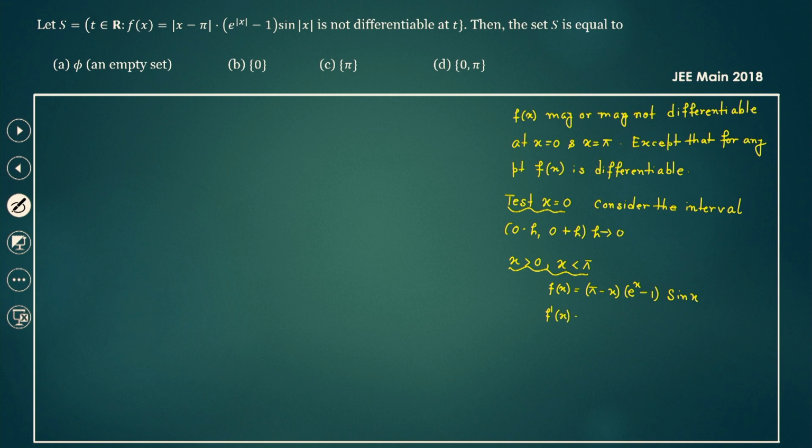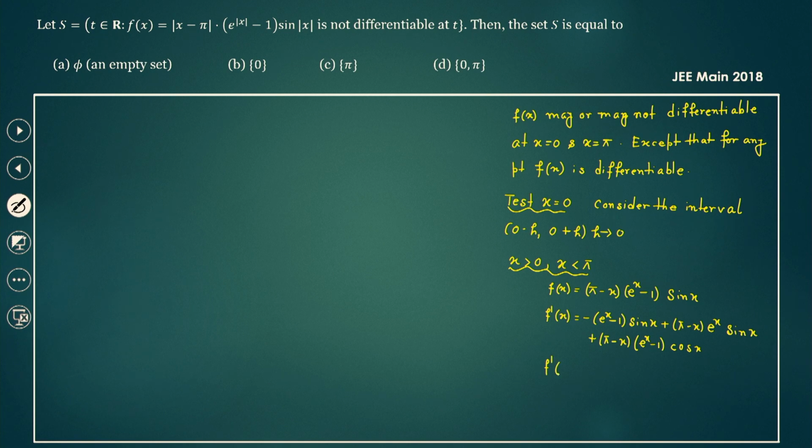So f dash x gives me the differentiation of the first one, that is minus (e to the power x minus 1) multiplied by sine x, plus (pi minus x) times the derivative of the second function, e to the power x sine x, and then we need the sine x differentiation, therefore (pi minus x)(e to the power x minus 1) and cos x. That's it. Now let's substitute x equal to 0.